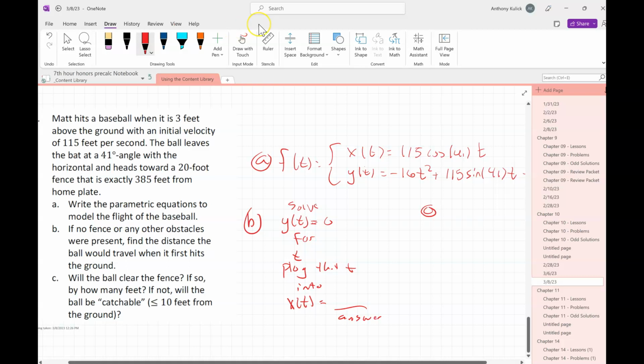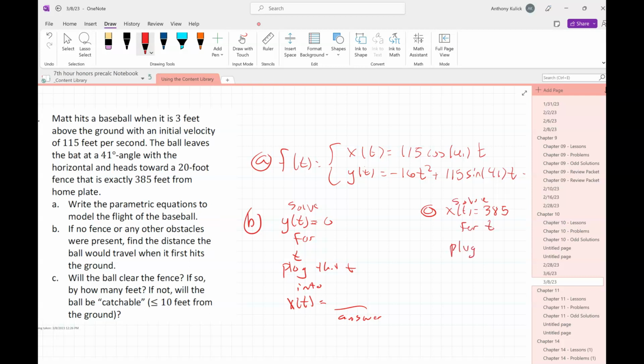For part C, it says, will the ball clear the fence? So here I'm going to set x of t equal to the distance the fence is from the home plate, and solve that for t.